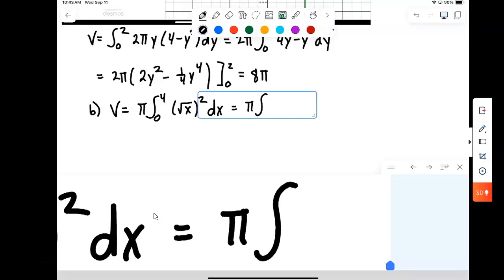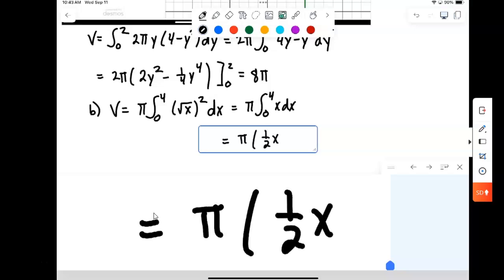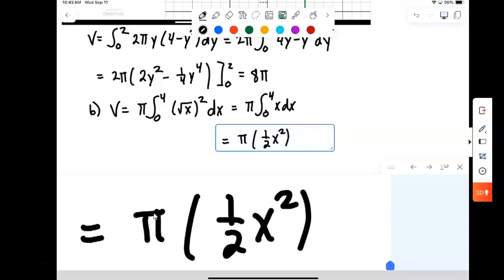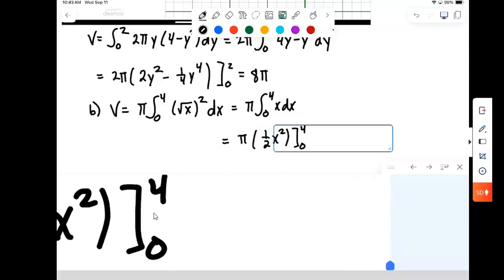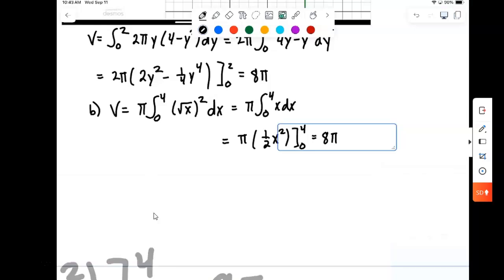Pi integral 0 to 4 x dx equals pi times 1/2 x squared evaluated between 0 and 4. And of course, when you plug 4 in, 4 squared is 16. Half of 16 is 8 times pi. We get the same answer, 8 pi.